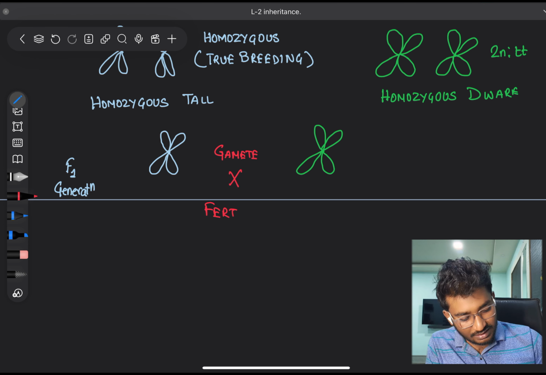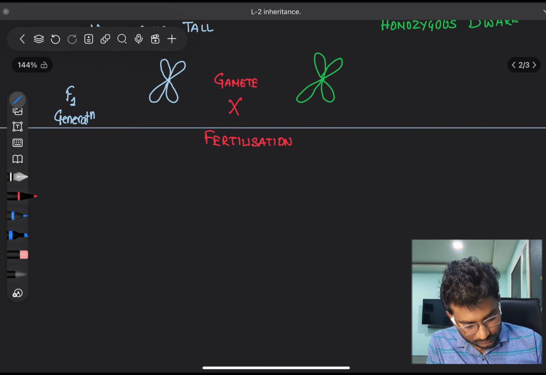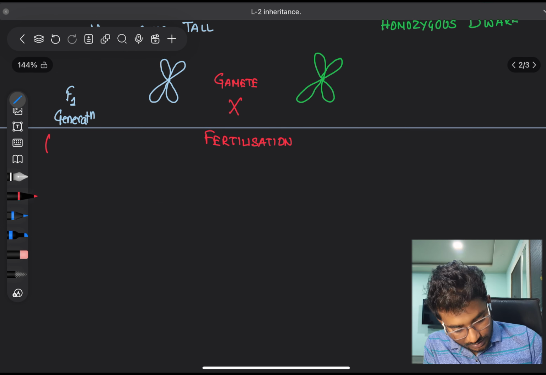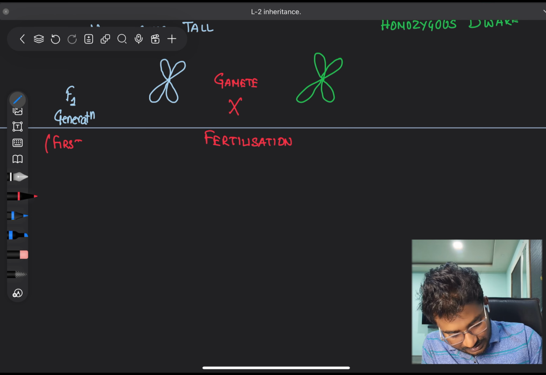Fertilization happens here. F1 means first filial generation.